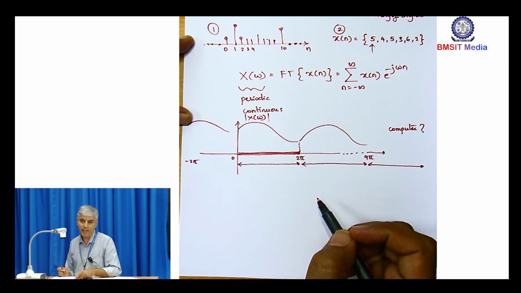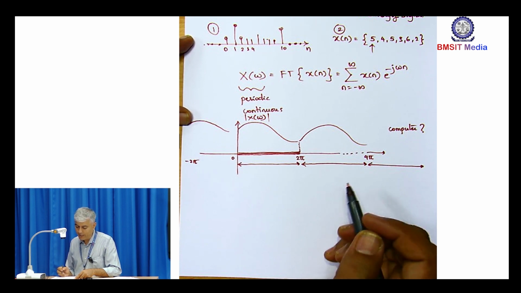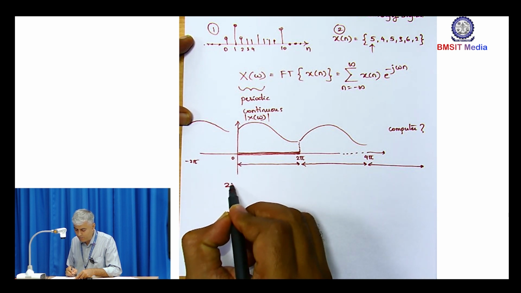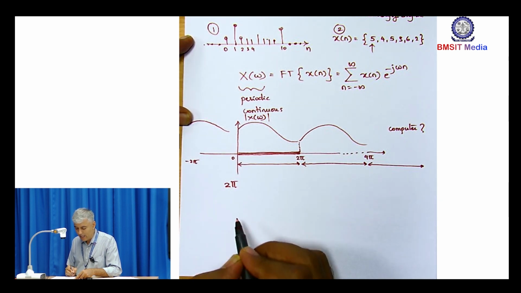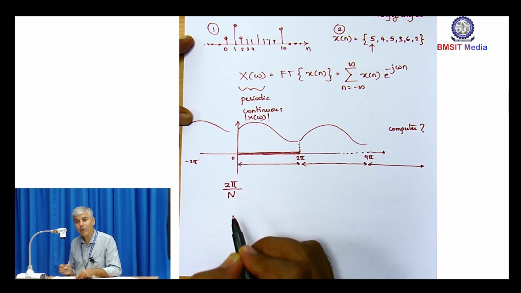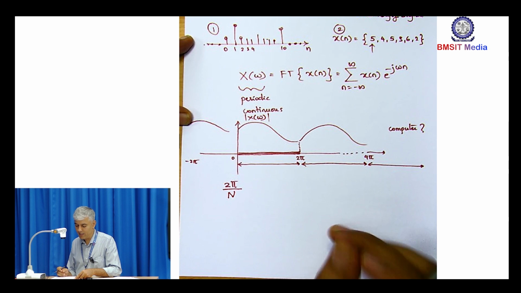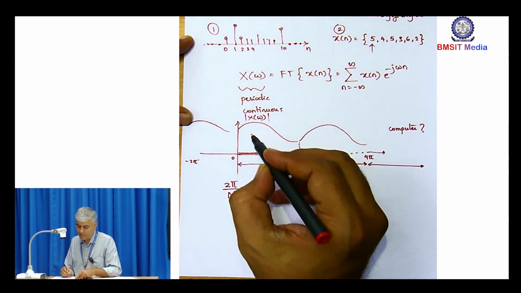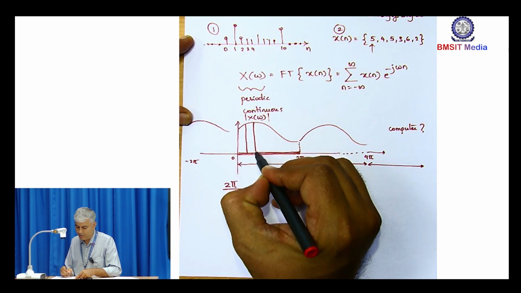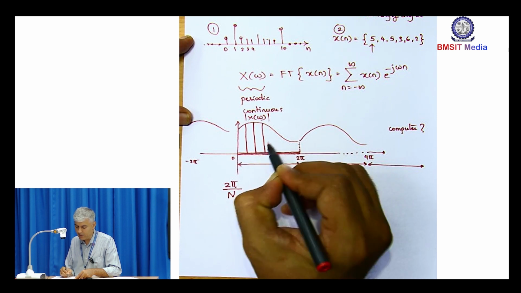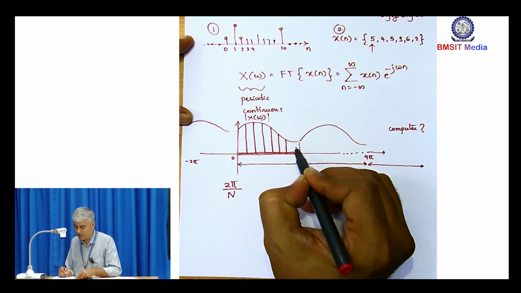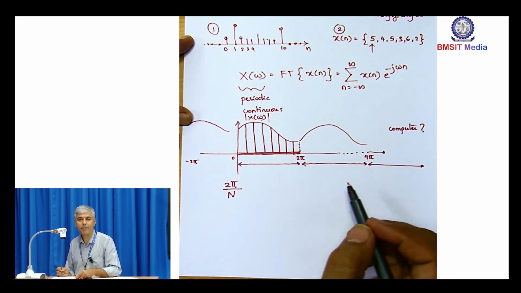Now how do we take samples? This entire 2 pi range can be divided into, say, n equidistant strips, right? For example, this is the first part, this is the second part, third part, fourth part, fifth part, sixth part, seventh part and so on.